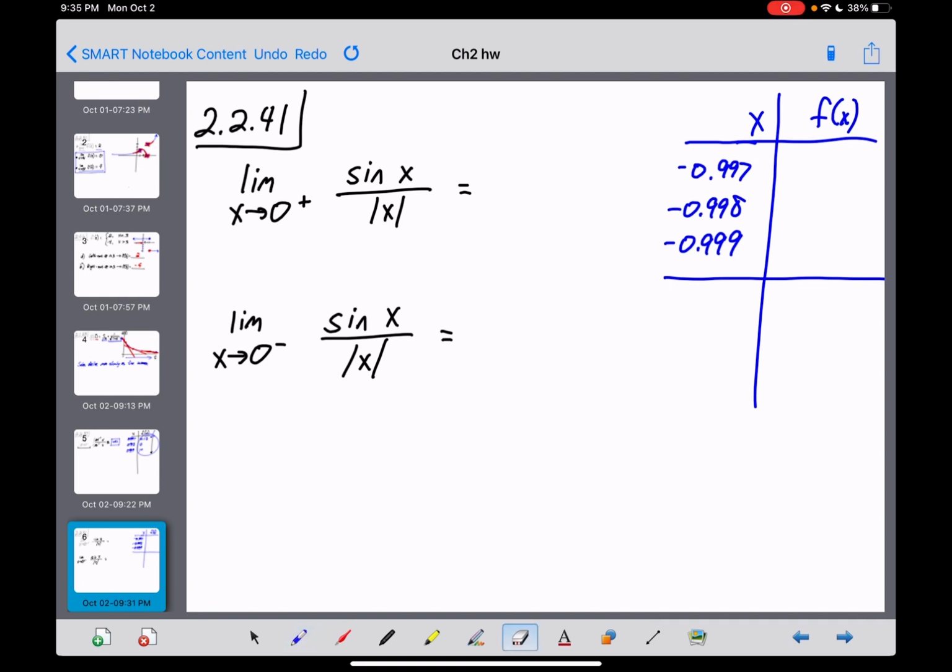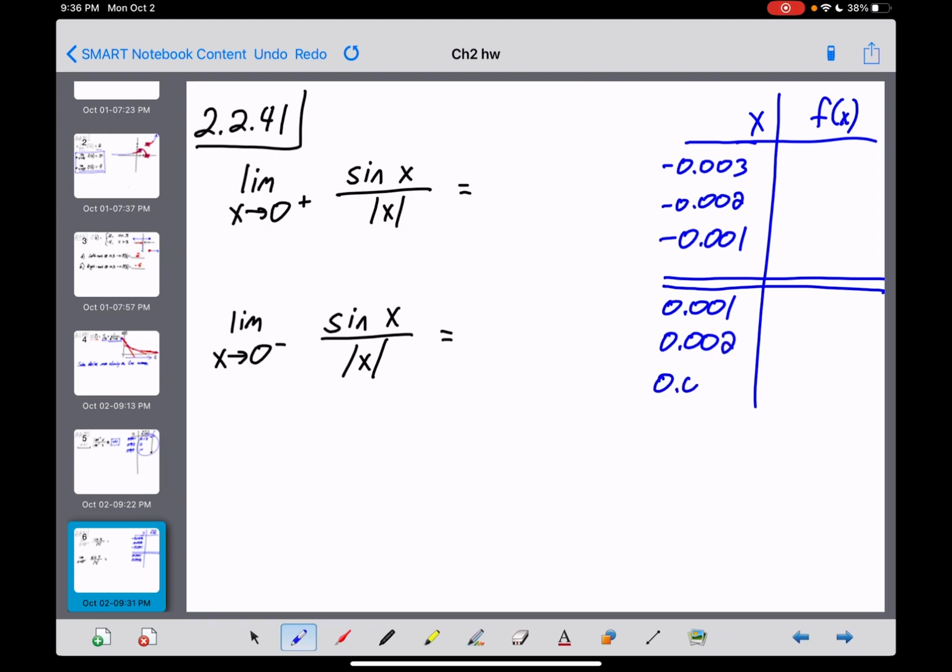I'm approaching negative 1 right there. That was dumb. I think I overthought that. Nope, my mistake. So that should have been negative 0.003, negative 0.002, negative 0.001. We don't actually care what happens when x is 0, and now we go positive. 0.001, 0.002, 0.003. So we've got that.